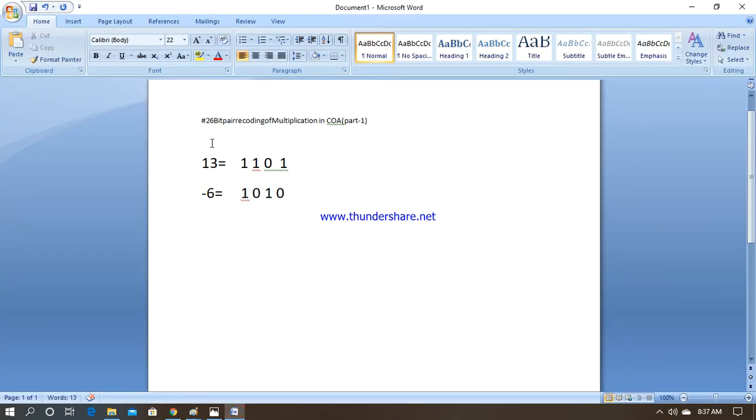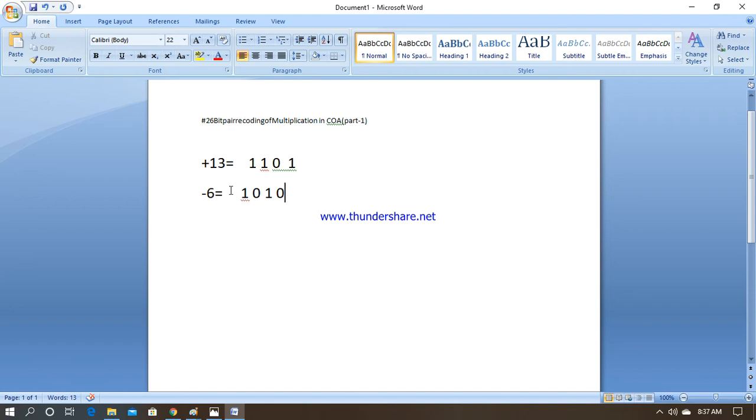Consider that we are going to solve the problem of 13 into minus 6. One is positive and one is negative. The binary value of plus 13 is 1101; if plus is not given, you can consider it as a positive number only. The binary value of 6 is 110.